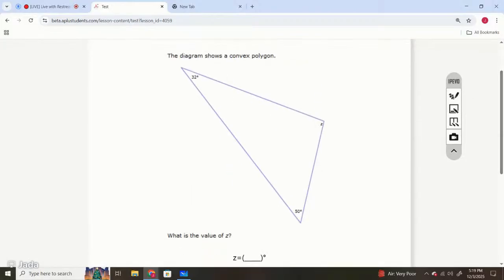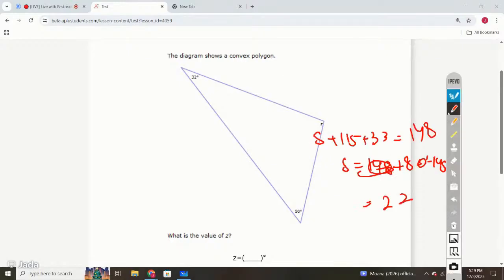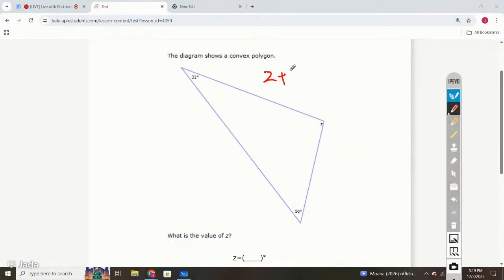The diagram shows a convex polygon. What is the value of z? The sum of all the angles in a polygon is equal to 180 degrees.